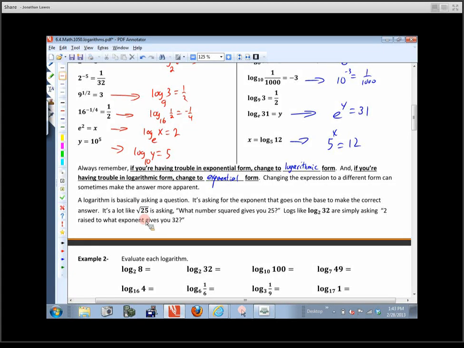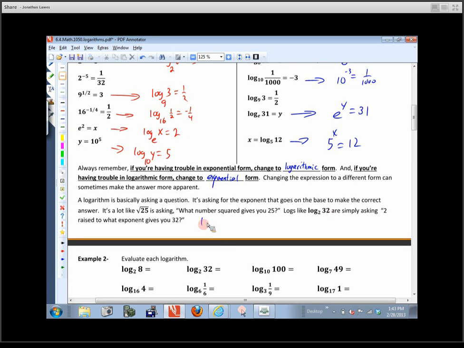Well, when you see a logarithm, you need to get used to the fact that it's just asking a question. So this one right here, log base 2 of 32. We want to simplify that. We want an answer to that. The question is, 2 to what power gives us 32? That's the question a logarithm is asking. And the answer would be 5.